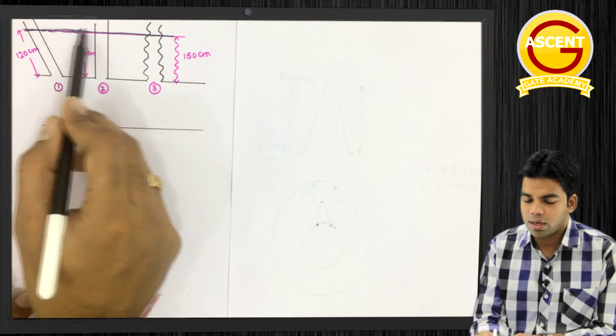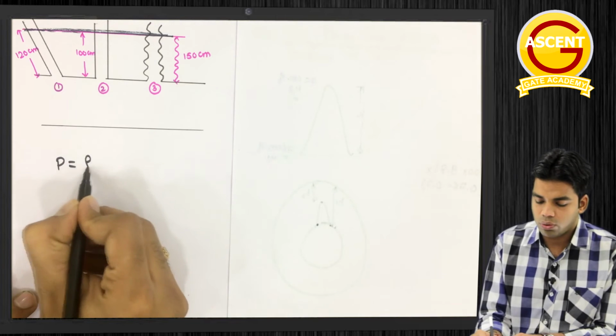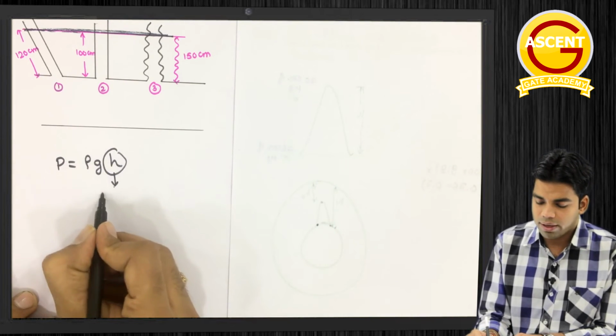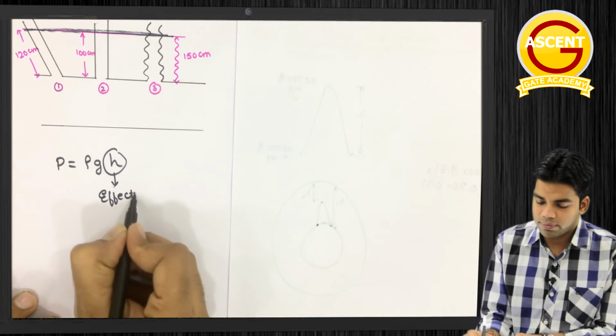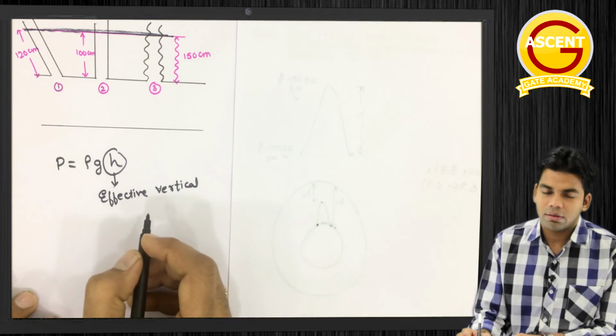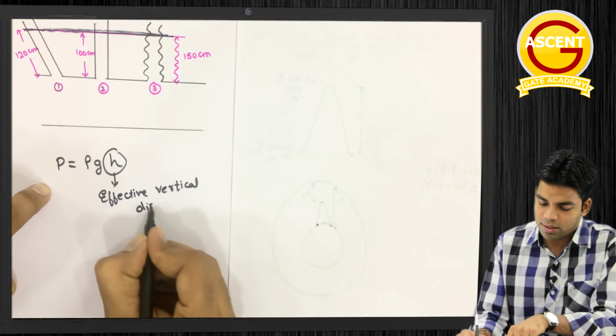Because this water level is up to this point only, when we take P is equal to rho g h, here this h is nothing but the effective vertical distance. This is very important. This is not the distance of the pipe, this is not the length of the pipe, this is effective vertical distance.